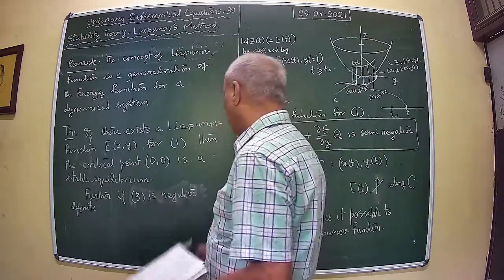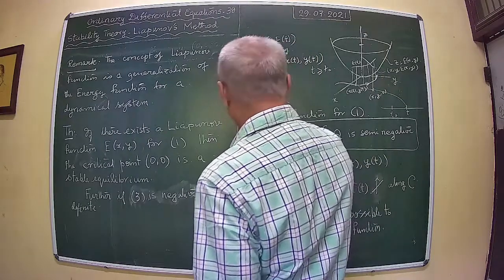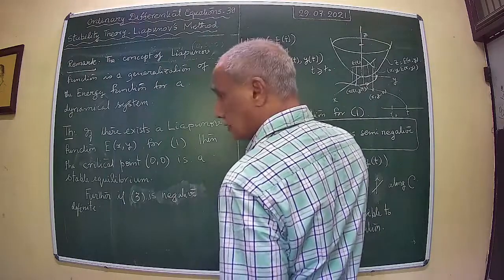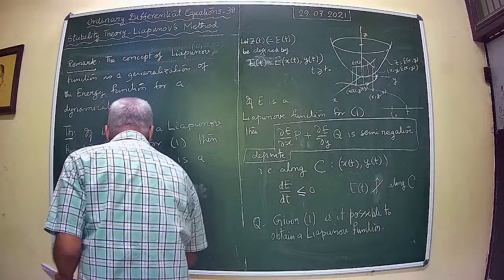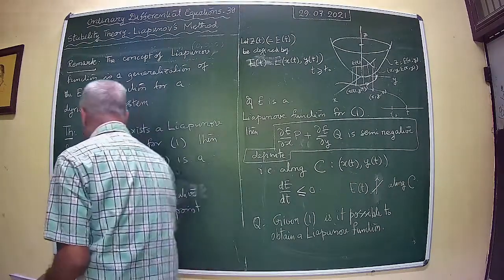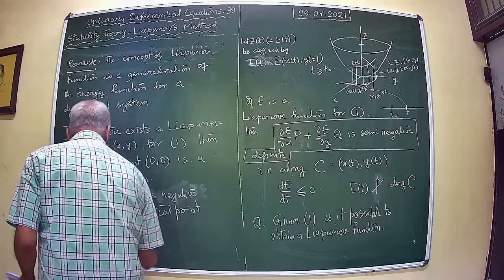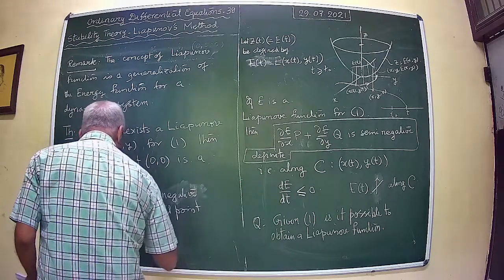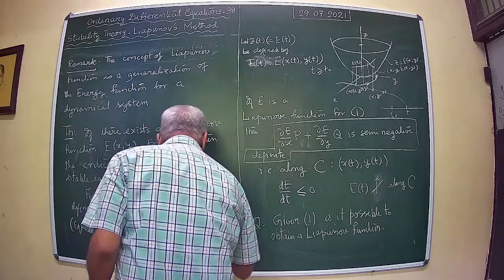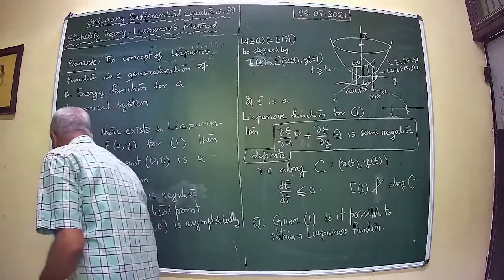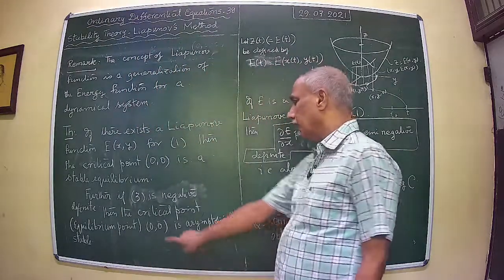But if further it is stronger, like if the expression 3 that you have, which is the one that links E with the given system 1, is negative definite, that means the path eventually collapses to the equilibrium point.